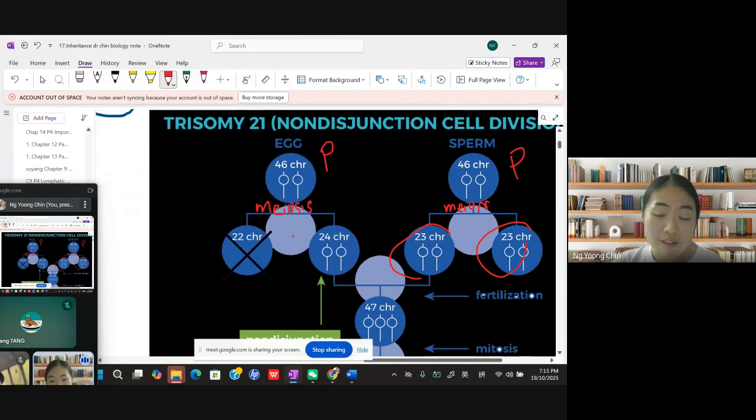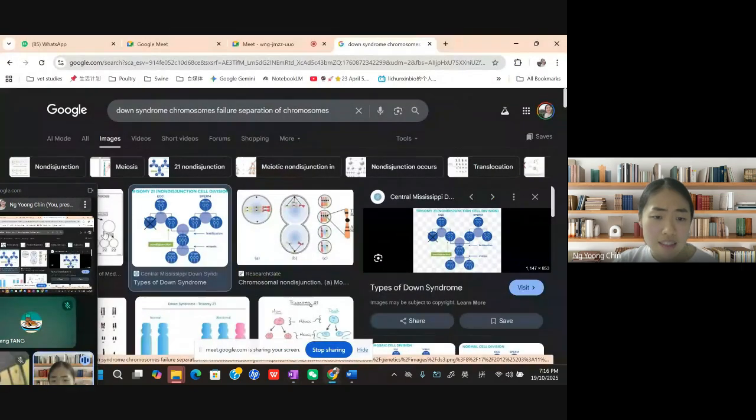But if you have failure of separation of the chromosome, it will result in 22. It means that with the 22, one copy of chromosome is contributed to the normal chromosome. So if you sum up, it becomes 24 chromosomes.